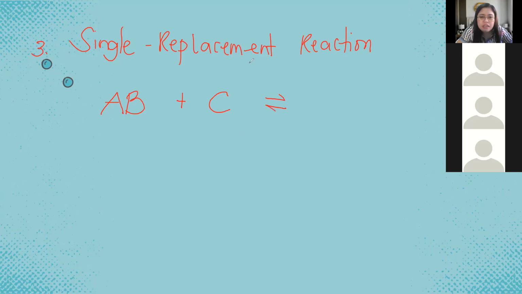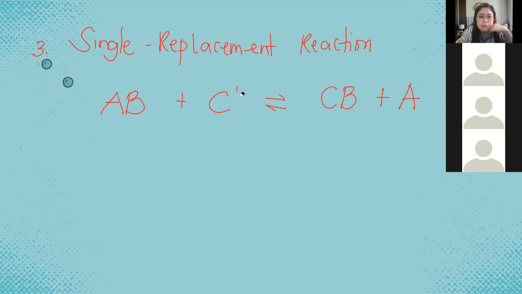Tinatawag siyang single replacement kasi itong element na ito ay i-replace ang isang element sa compound. Pero always remember that if this is positively charged, yung papalitan niya dito sa compound ay yung positively charged din. Kaya ang magiging result nito ay CB plus A. So ganun yung single replacement class.